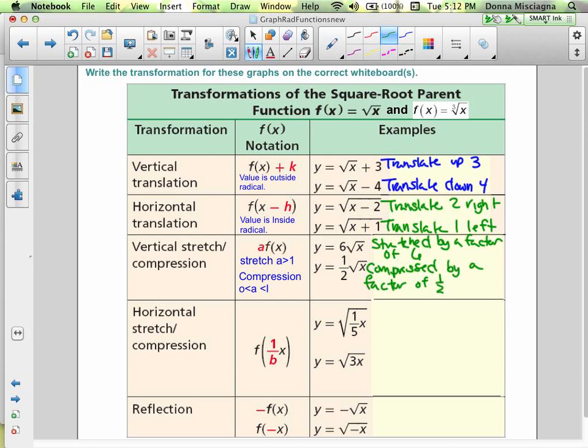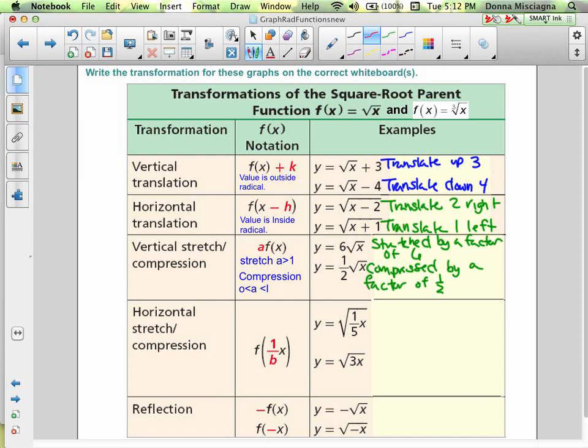And on the first one, y equals 6 square roots of x, all the y values are going to be 6 times as big. If instead it's multiplied by x, rather than multiplied to the whole radical, then instead of a vertical stretch or compression, it's going to be a horizontal stretch and compression. Here we have y equals the square root of 1/5 x.